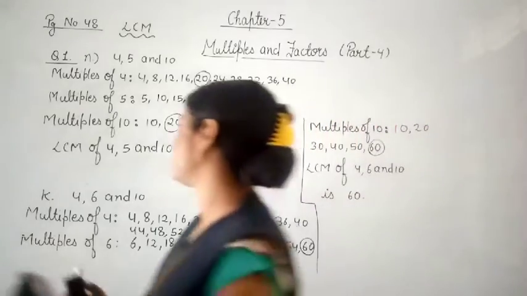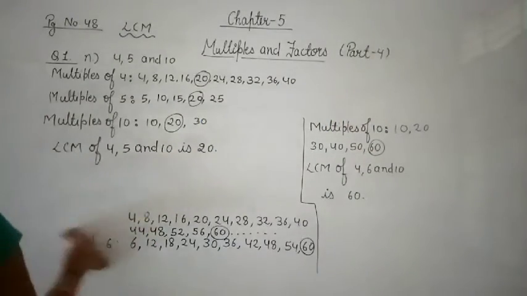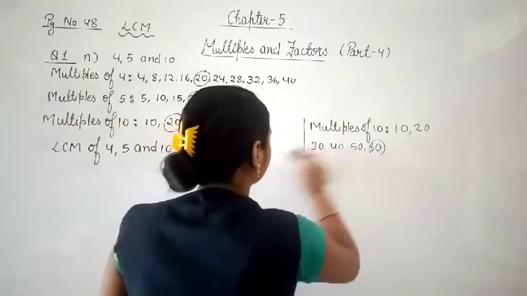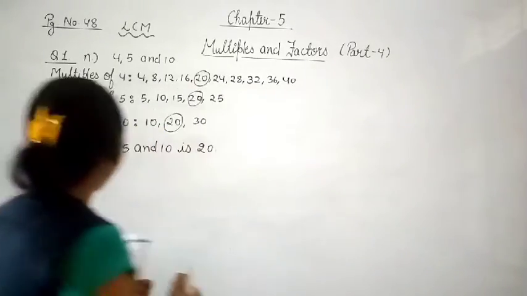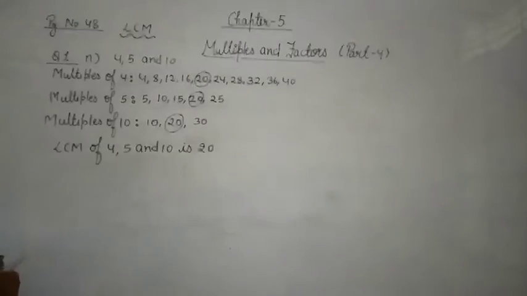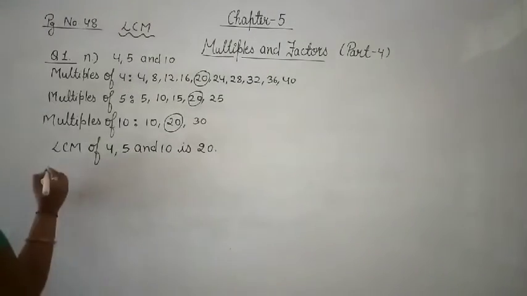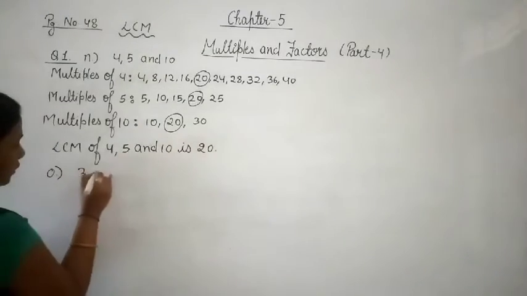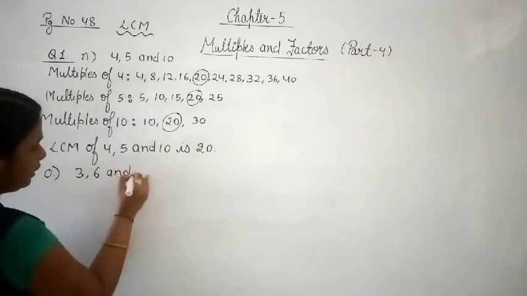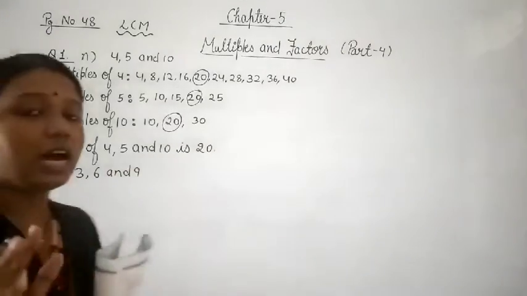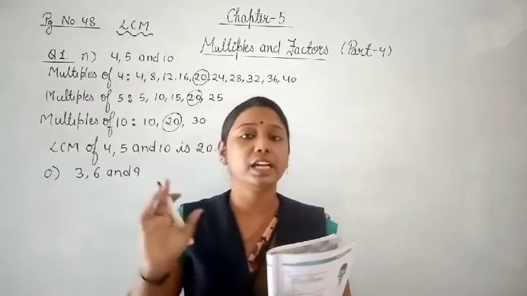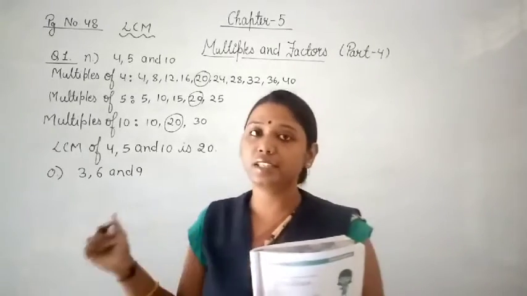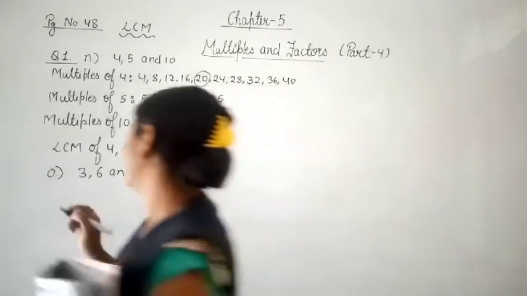In the o part, the numbers given are 3, 6 and 9. So I have to calculate the LCM of 3, 6 and 9. Let us see how we can do this.